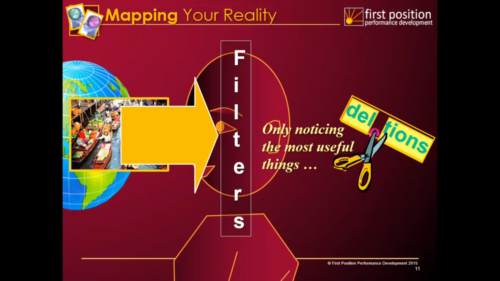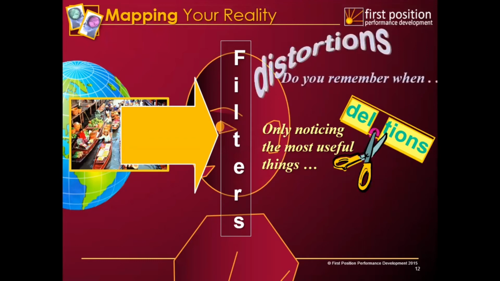The second way the filtering process happens is through distortions. How we recall and remember things differently to how we actually experienced them in actual time out there in the real world, as it were. When we have an experience, for instance, of attending a meeting with someone else or even a social gathering, you may hear that other person recall that event sometime later, and not necessarily very much later, and you wonder to yourself, now what I'm hearing that person saying about that meeting or that gathering is so different to my recollection.